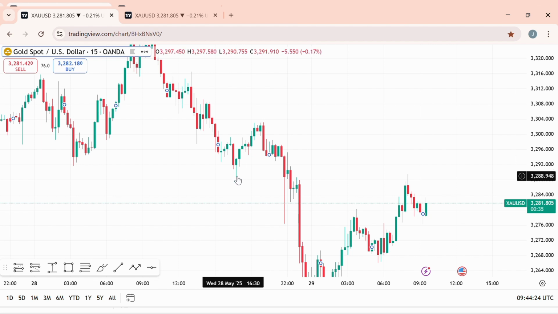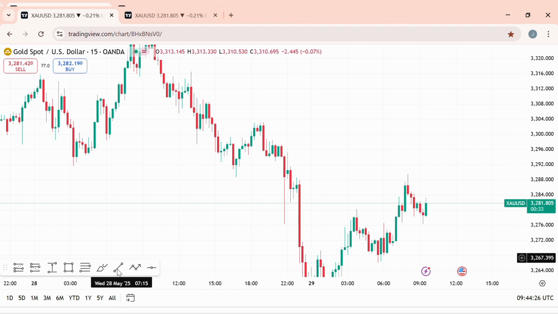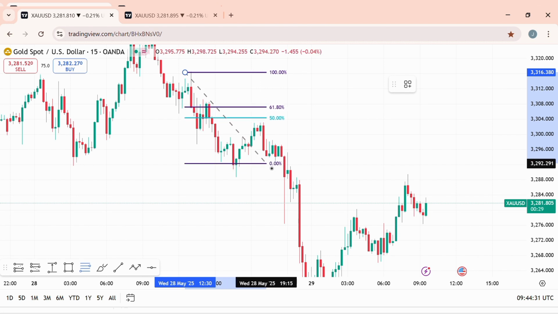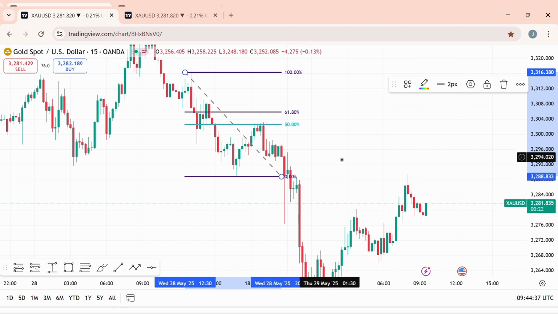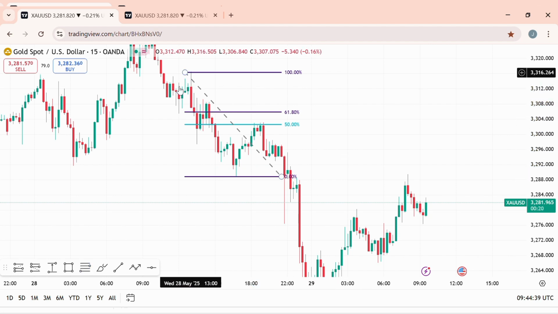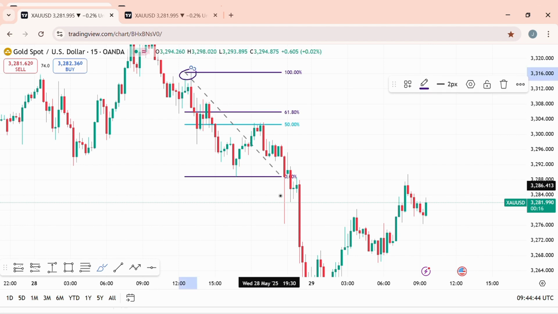There is this one from here to here. You take your levels to that zone. Let's say from this zone here at 100% and this where we have 0%, then you wait for a pullback down into our zone and enter.